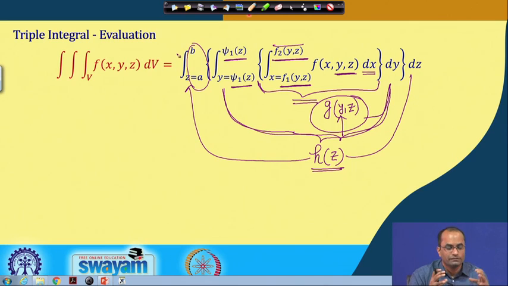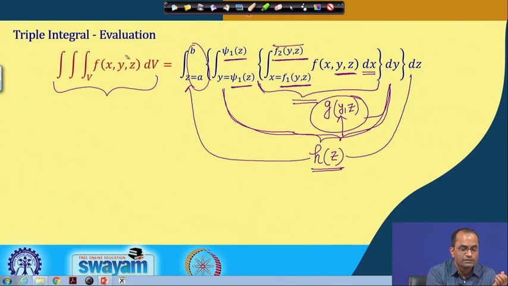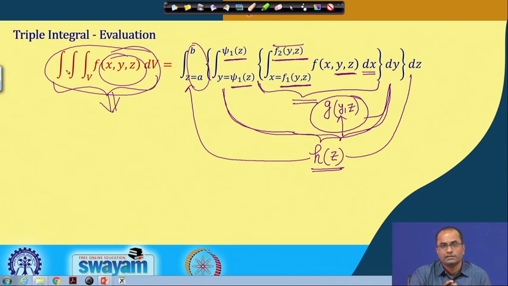always remember, the value of this integral is a constant, and you will not see anything of x, y and z, because we are integrating over the volume V, or over all the points x, y, z in our volume. So, at the end this integral value will not have anything of x, y, z.